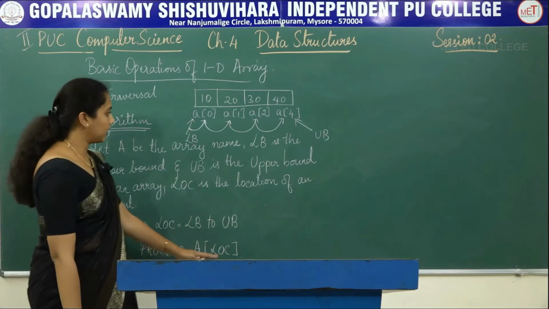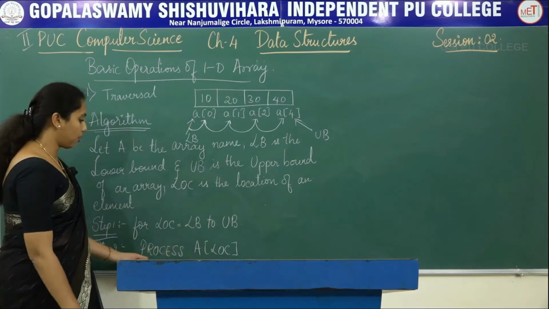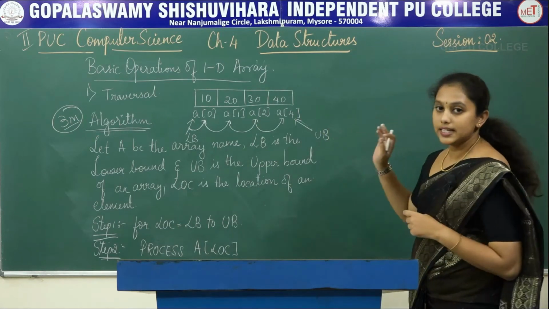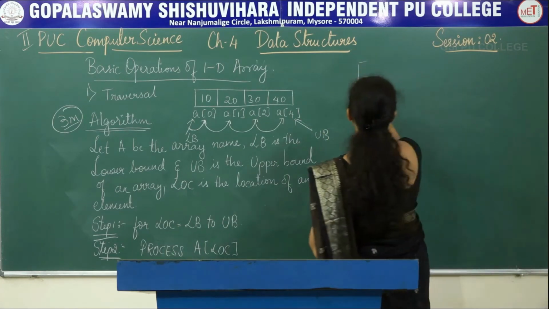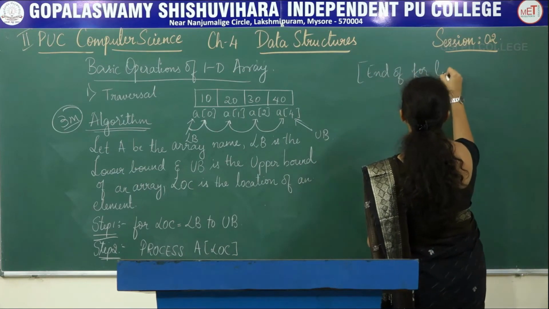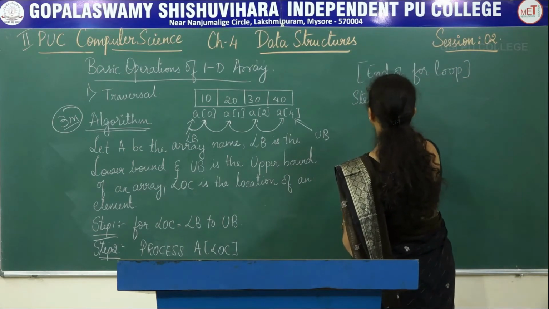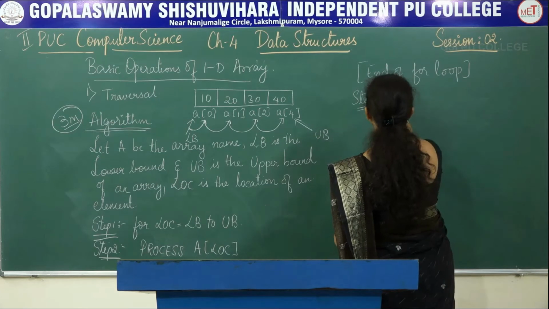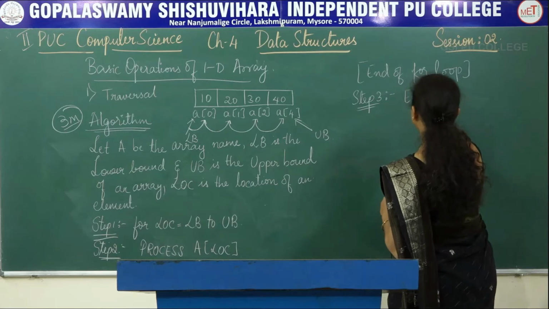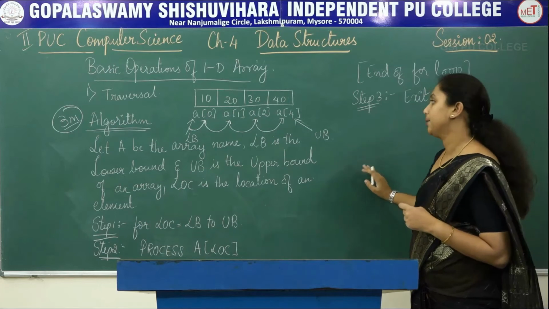By visiting each location of an element in the array, we are processing the location. We are visiting each element of the array exactly once. Here is the end of the for loop. What is step 3? After visiting each location of an element, it is going to exit. So this is about traversing.